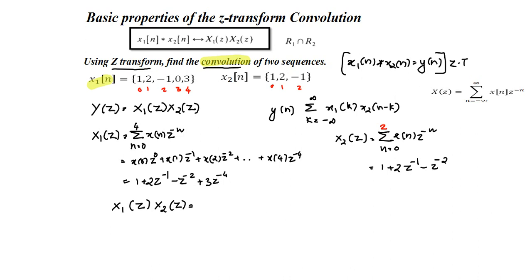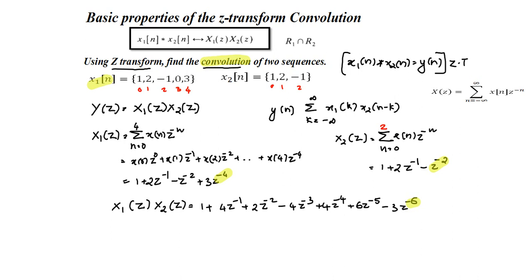So it becomes 1 plus 4 z raised to minus 1 plus 2 z raised to minus 2 minus 4 z raised to minus 3 plus 4 z raised to minus 4 plus 6 z raised to minus 5 minus 3 z raised to minus 6. You can see that here it is z raised to minus 4, and here it is z raised to minus 2. So maximum you will get z raised to minus 6.